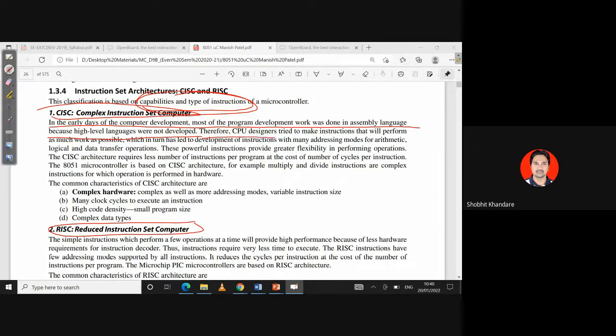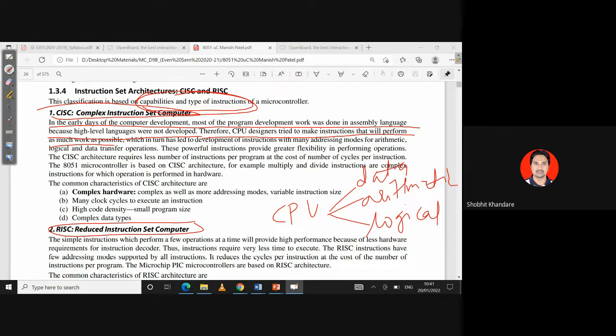Therefore, CPU designers tried to make instructions that perform as much work as possible, which led to instructions with many addressing modes for arithmetic, logical and data transfer. आपका जो CPU होता है ना, it is mostly concerned with carrying out three operations: data transfer, arithmetic operation, and logical operation. तो ये तीनों ऑपरेशन आपकी सीपीयू करता है.